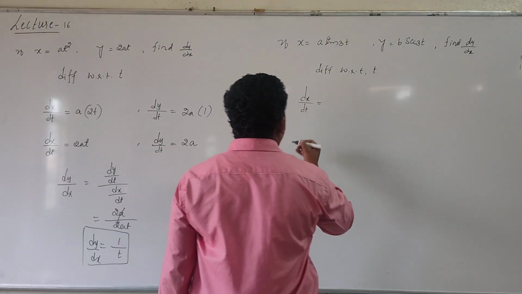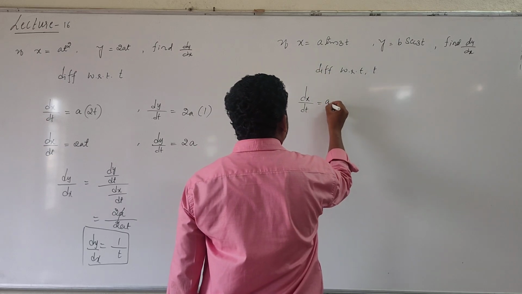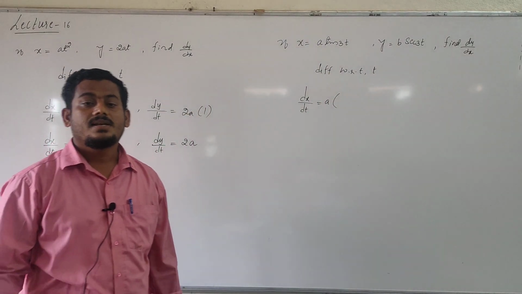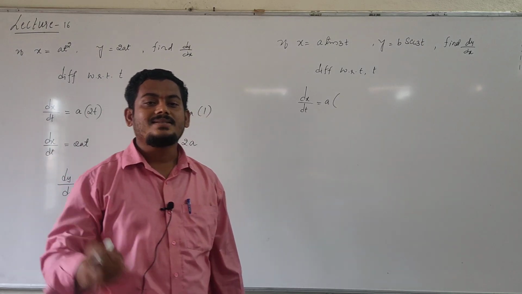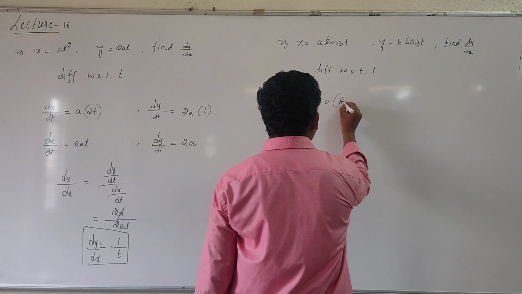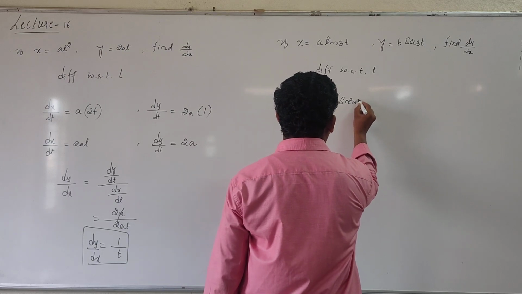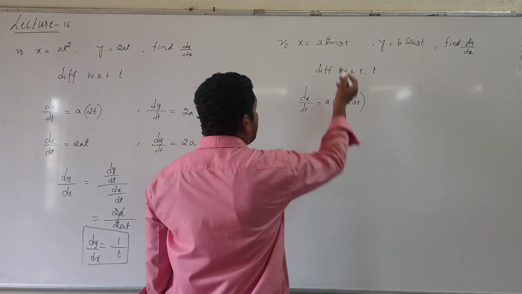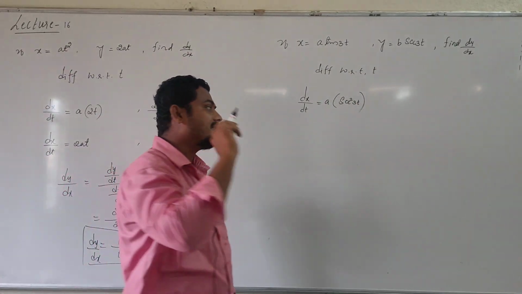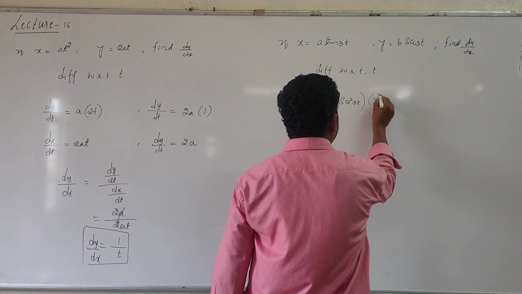What is tan 3t differentiation? Outside function tan is there, inside function 3t is there. Tan differentiation is secant square 3t, and use the chain rule. Inside not only t, inside 3t is there, 3t differentiation is 3.